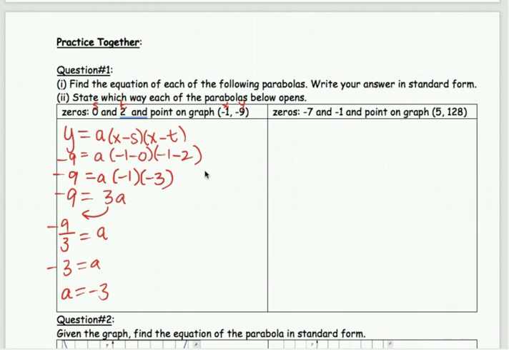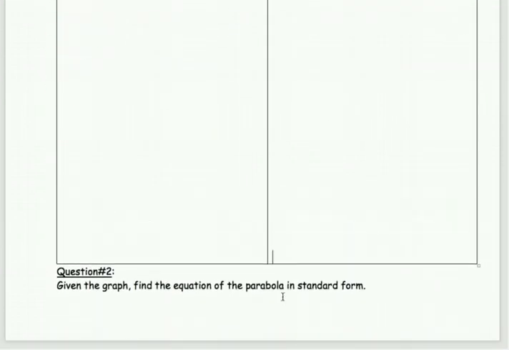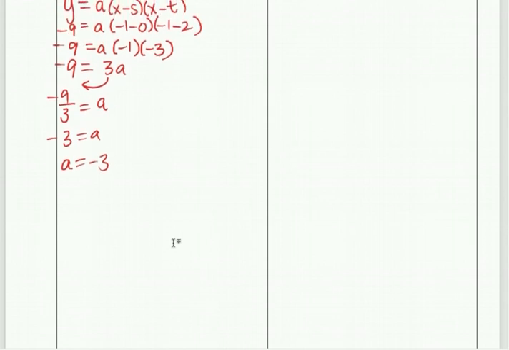All right, I don't have enough space here, so let's make some more space. Now you're going to build your factored form, and then write it in standard form. So y equals, if you've got the forms memorized, just plug them right in.